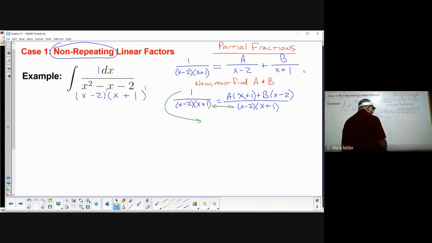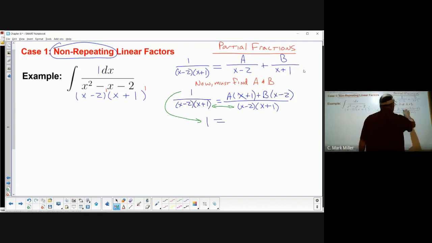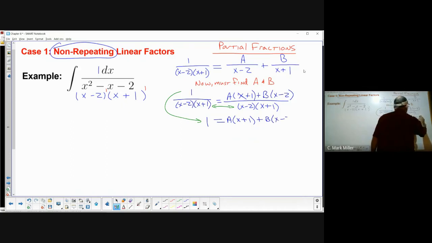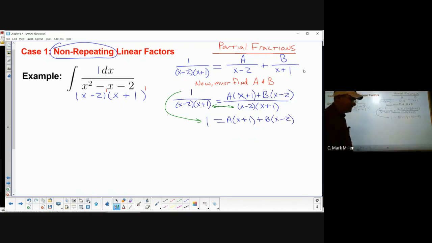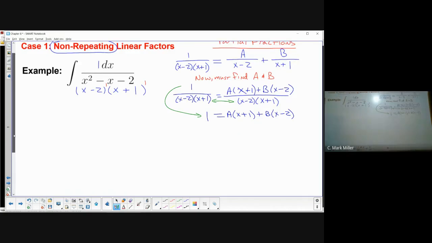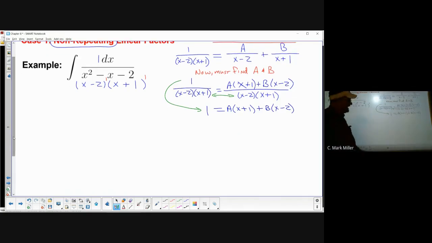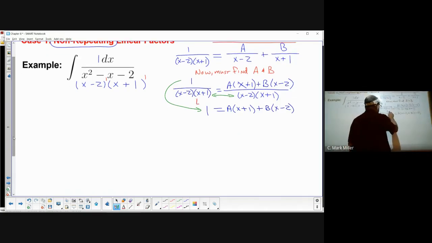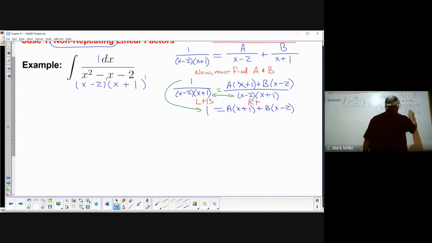So we're going to take the numerators and set one equal. That's the numerator on the left. And this is going to be right here, the numerator on the right. Okay. All right. Now, being the creative genius I am, I'm going to call this the left-hand side, and I'm going to call this the right-hand side.